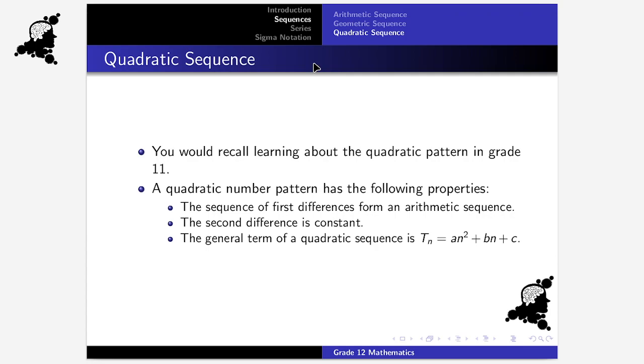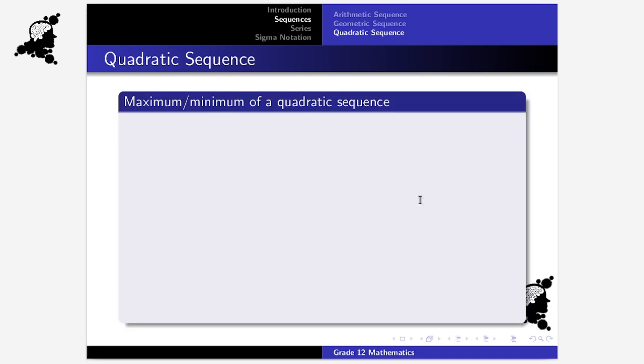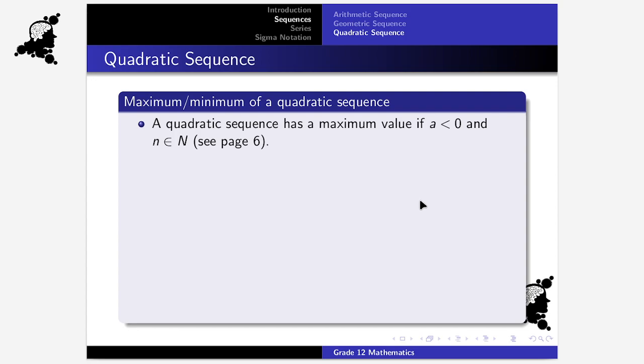The general term of a quadratic pattern is, as we can see here on screen, Tn equals an squared plus bn plus c. All right. Sometimes you will be asked to find the maximum or the minimum of a quadratic sequence. A quadratic sequence only has a maximum if the value of a is negative and n is an element of natural numbers.